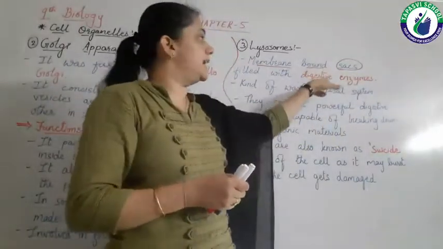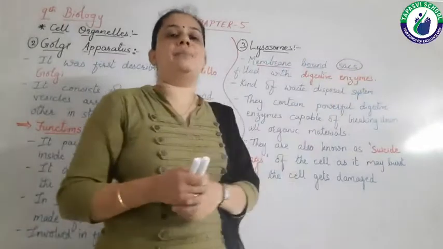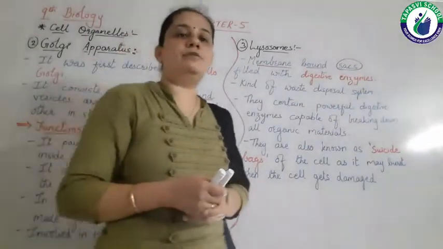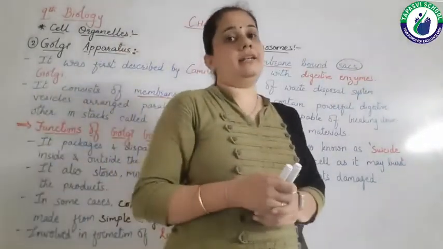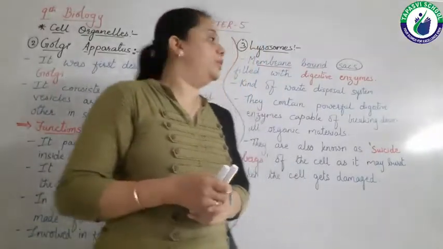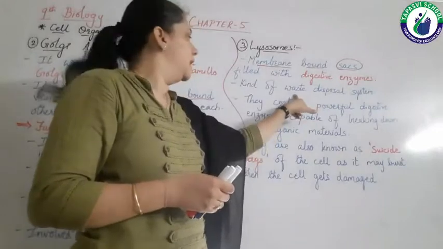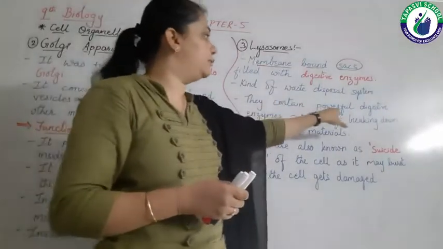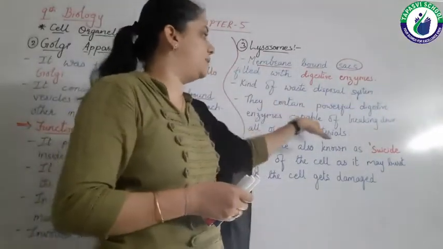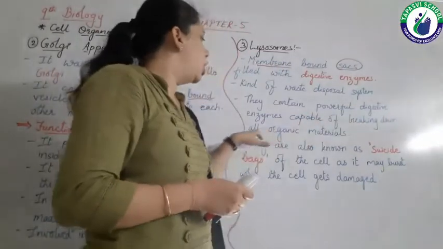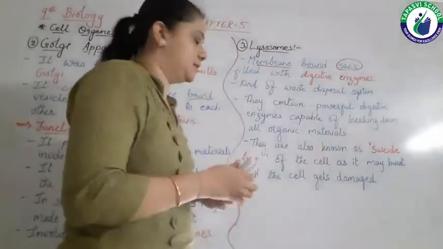These digestive enzymes are produced by the rough endoplasmic reticulum. So they are a kind of waste disposal system, and they contain powerful digestive enzymes capable of breaking down all organic materials.